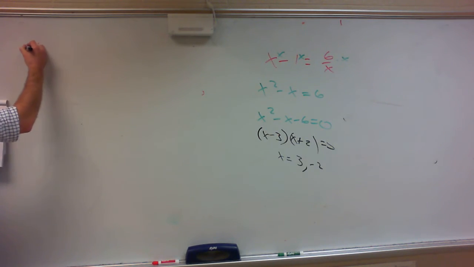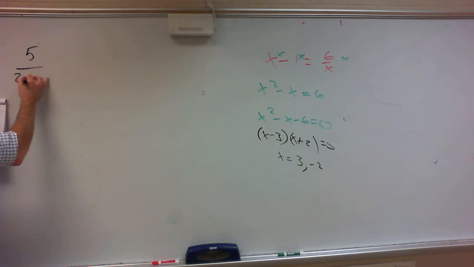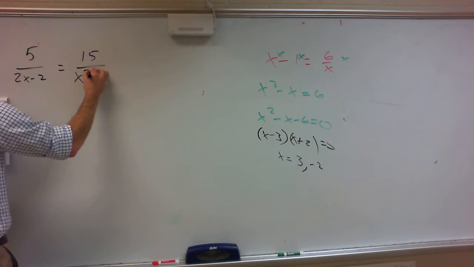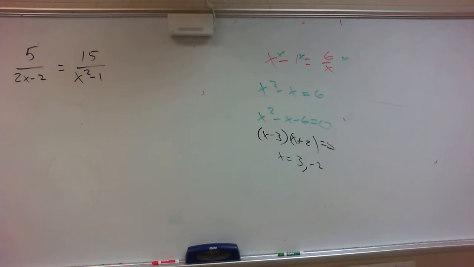All right, well, what if I give you 5 over 2x minus 2 is equal to 15 over x squared minus 1? What are we going to do first? Factor.